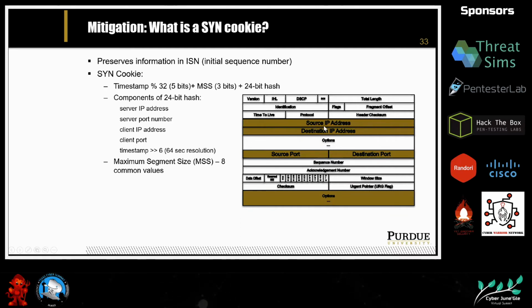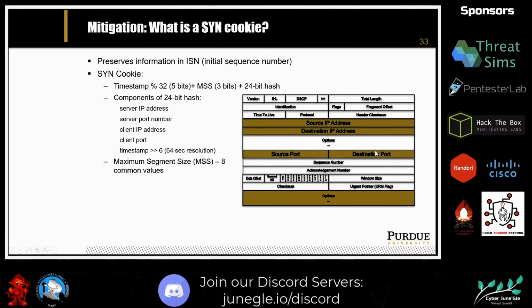If we take those key elements like source IP, destination IP, source port, destination port, and select options, and then also add a timestamp so that we can protect ourselves from replay attacks, we can hash this information and get this 24-bit hash.